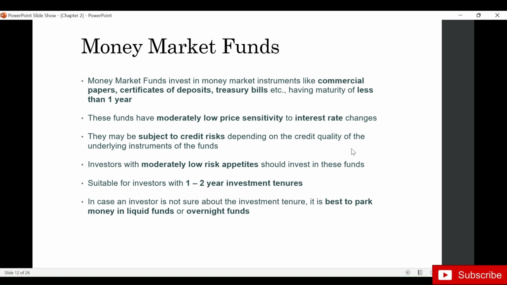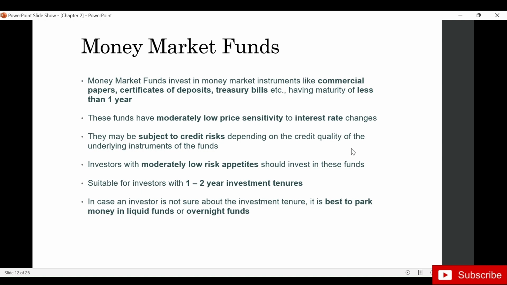Also, these funds are subject to credit risk, and the credit risk depends on the credit quality of the instruments that the fund invests in. Investors who have a moderately low risk appetite should consider investing in money market debt funds. These funds are suitable for investors with a 1 to 2 year investment tenure.